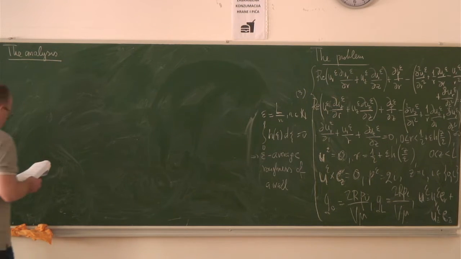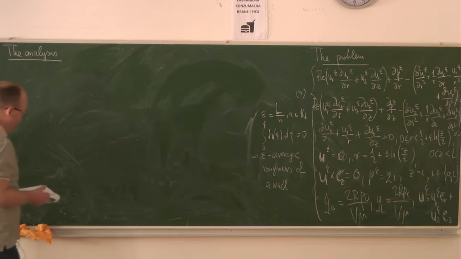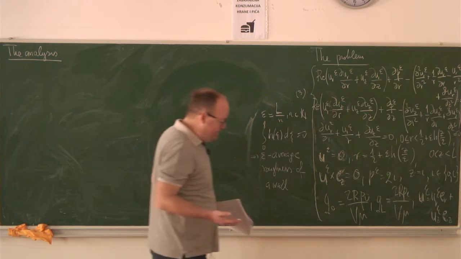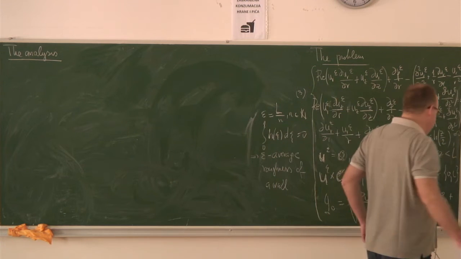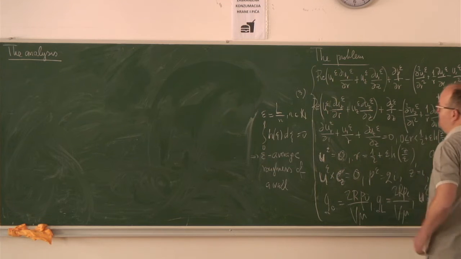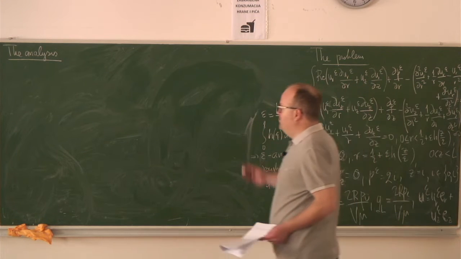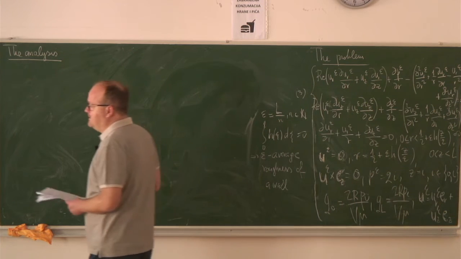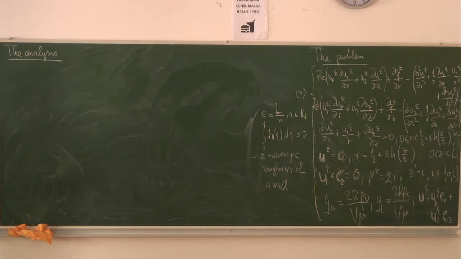Okay, so if we have a pipe without roughness, then the solution is in the Poisson form that we computed in order to provide the characteristic velocity. Now we have introduced some roughness on the pipe's boundary, but nevertheless, we still expect that the solution for the velocity will remain in some kind of Poisson-like form.